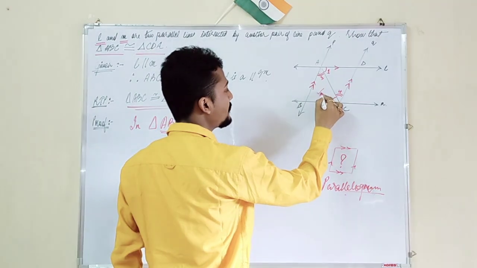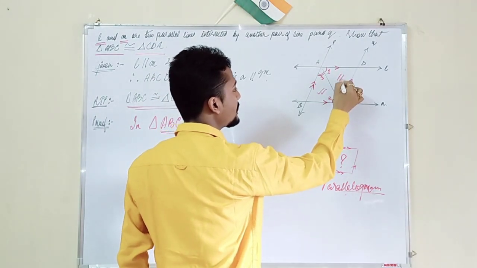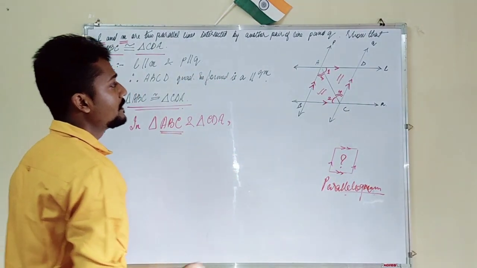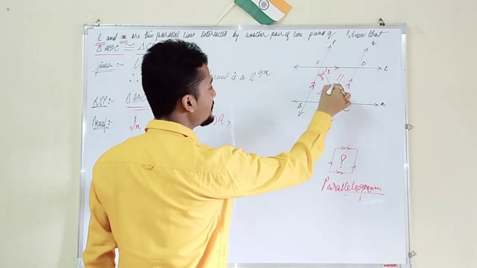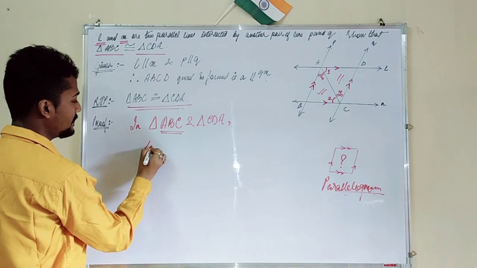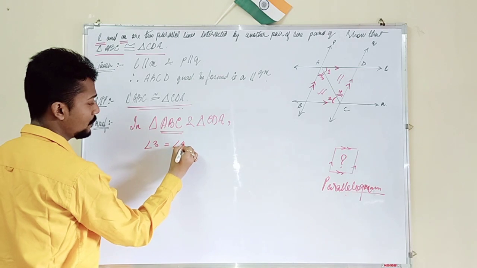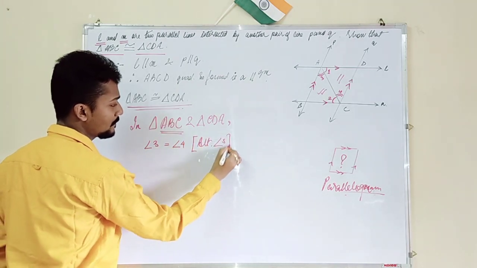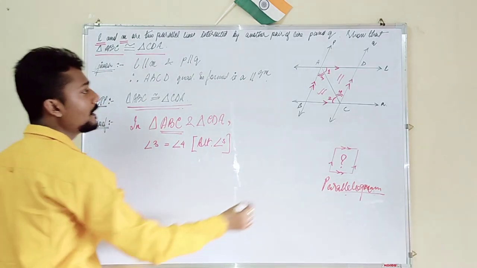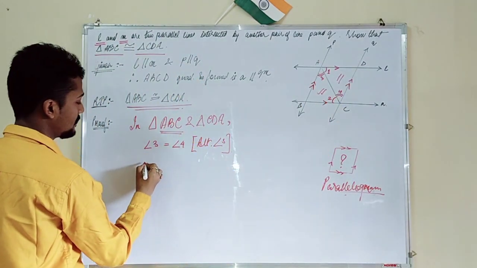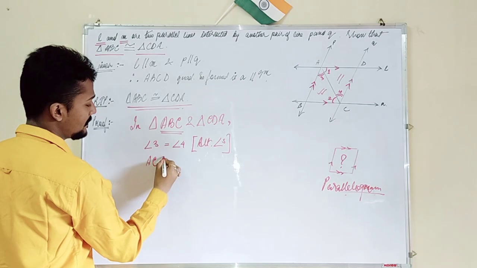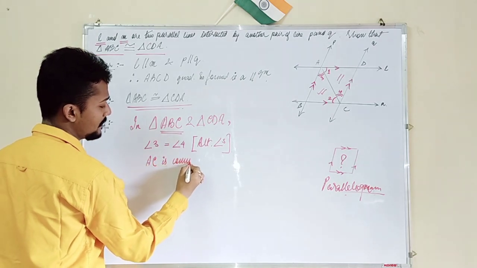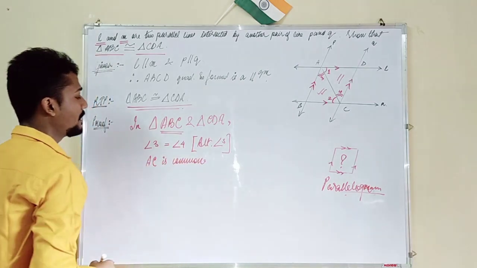ABC, this triangle I have taken first, and this triangle I have taken second. So in this particular triangle, angle 3 is equal to angle 4. Reason: alternate angles. AC is common. AC is the common side, isn't it?